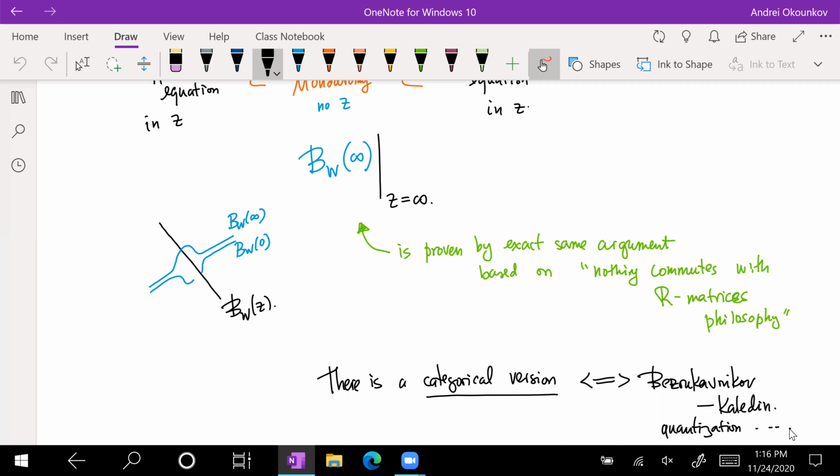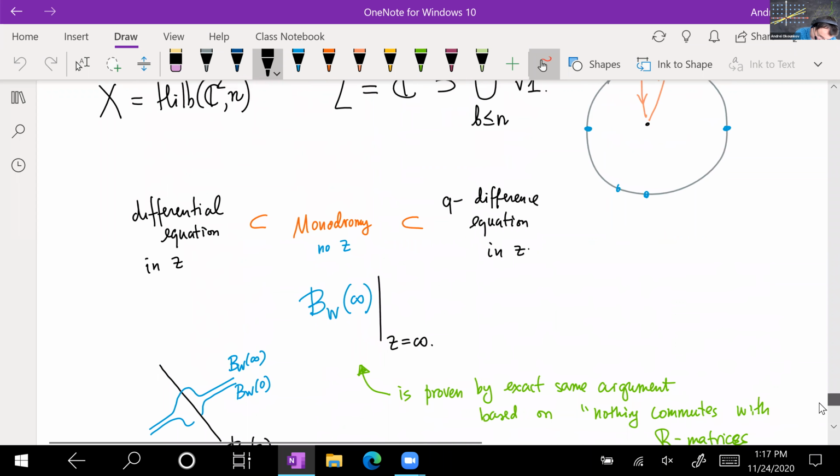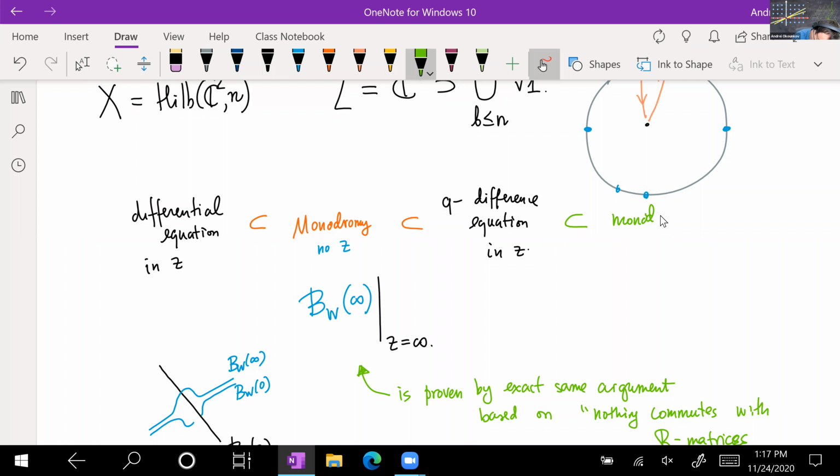Yeah, that's the best I can do. And then of course you can take this argument and continue it. You can take the monodromy to difference equation, but that'll be a topic for a different lecture.